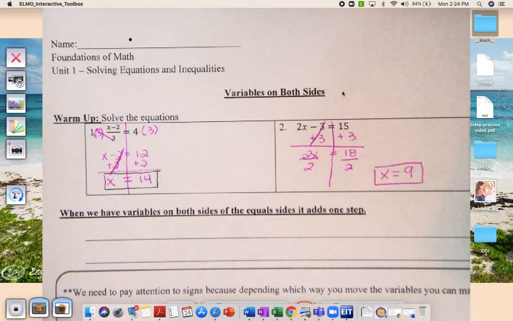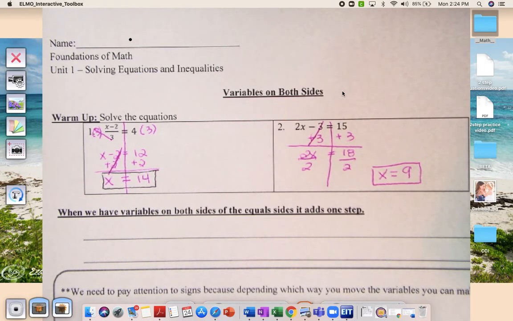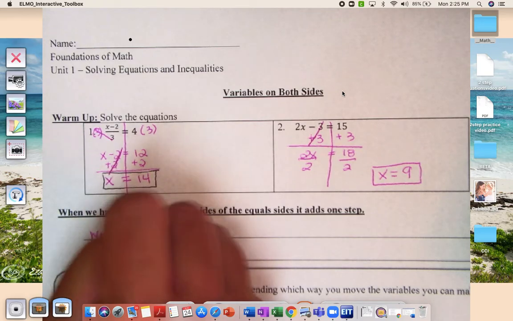We have to move those variables to one side of the equal sign with inverse operations. It is not like combining terms when they are on the same side of the equal sign.